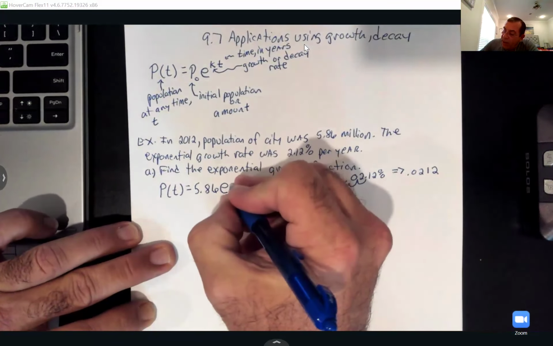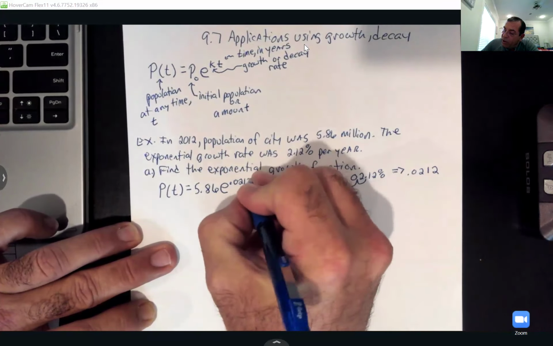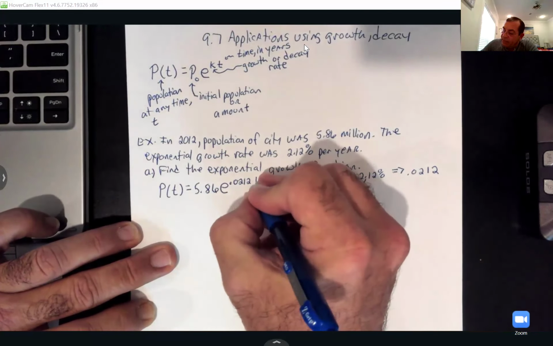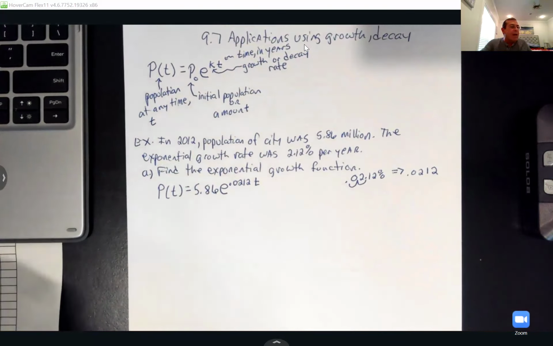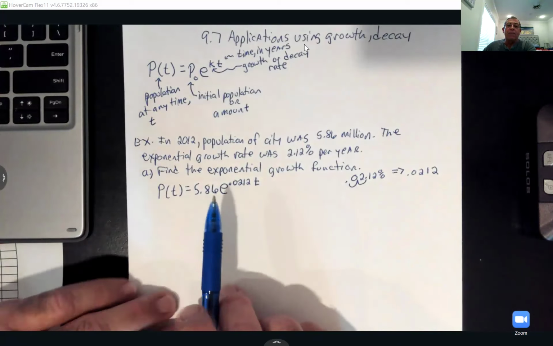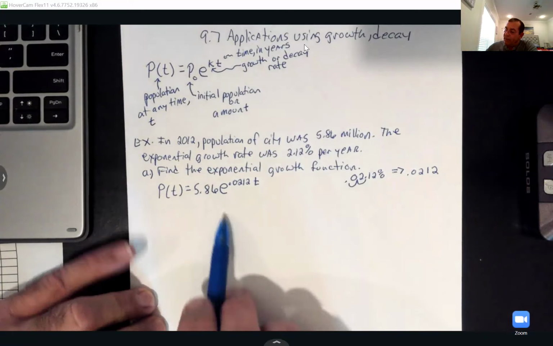So that would be our K, 0.0212 times T. So this is the formula they want in MyMathLab on part 1, okay? Now, if I know how many years have passed, I can estimate that population.